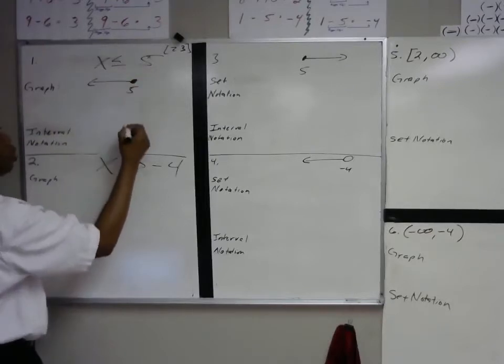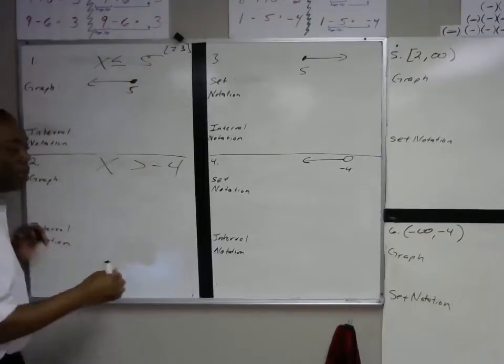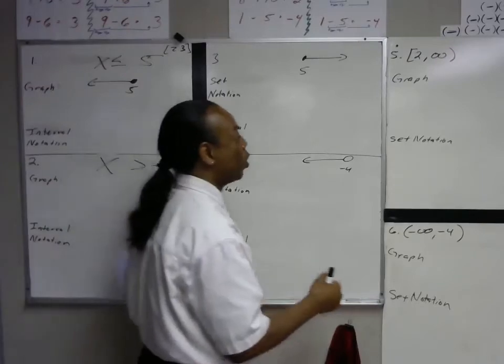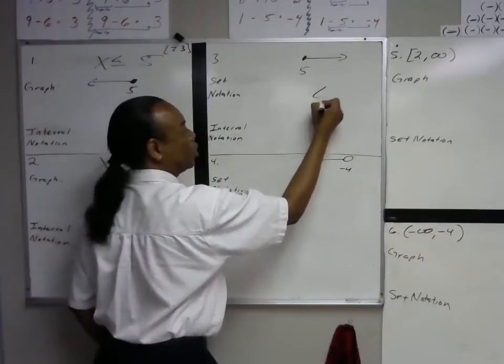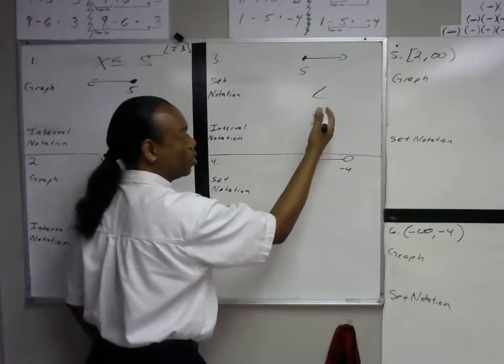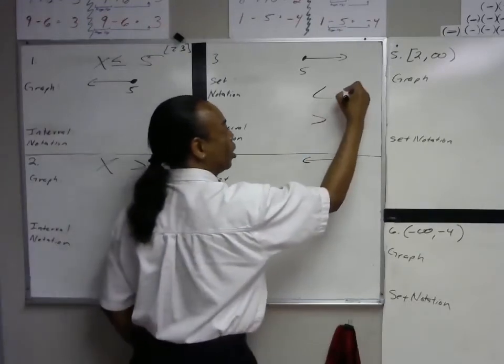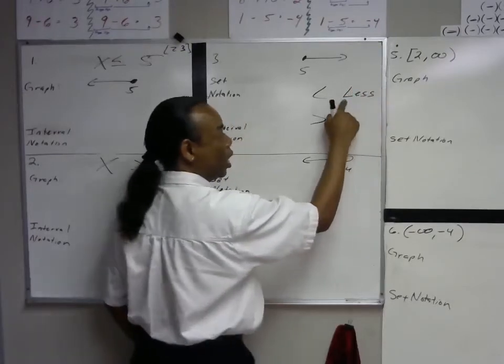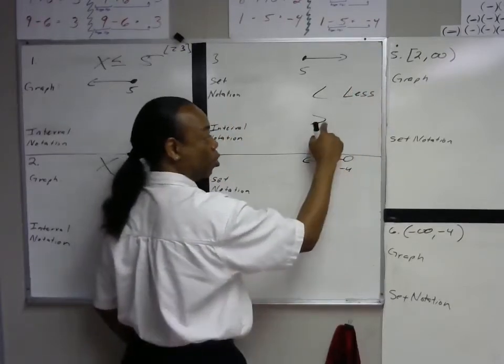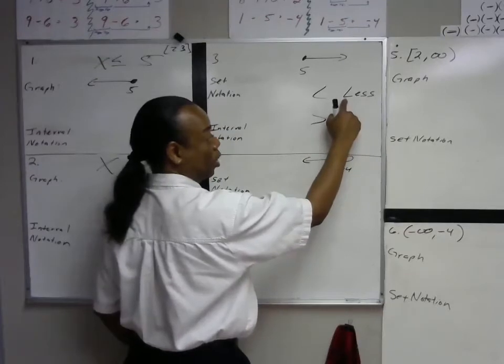Now, some students get the less than and greater than mixed up. Let me give you a little way of knowing which one is which. Let's write it right here. This is the less than and this is the greater than. Again, easy to mix up. The less than looks like an L for less, and the greater than doesn't look like the less than.